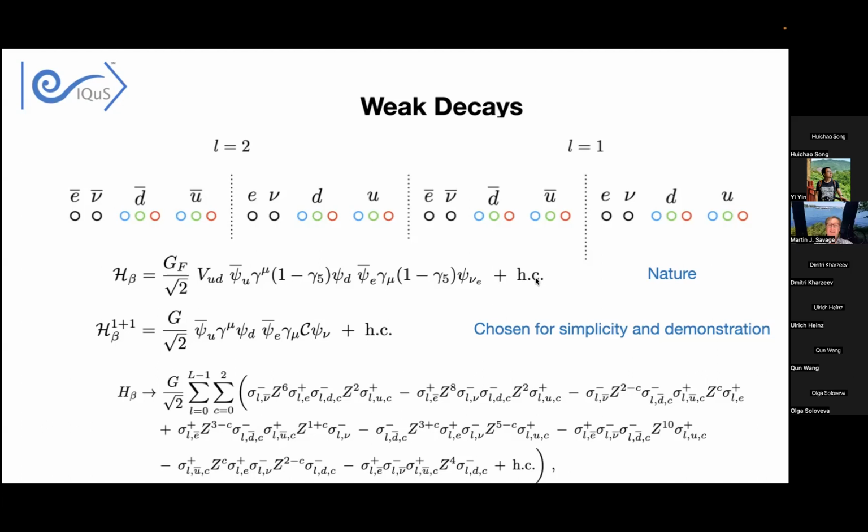For the 1+1 dimensional simulation, of course, we don't have spin, so we can't possibly look at this type of interaction. But we wanted to look at something that was local as a demonstration of how the simulations would work. So we chose a vector interaction in 1+1 dimensions. It had an added complication because of how left and right-handed movers move.